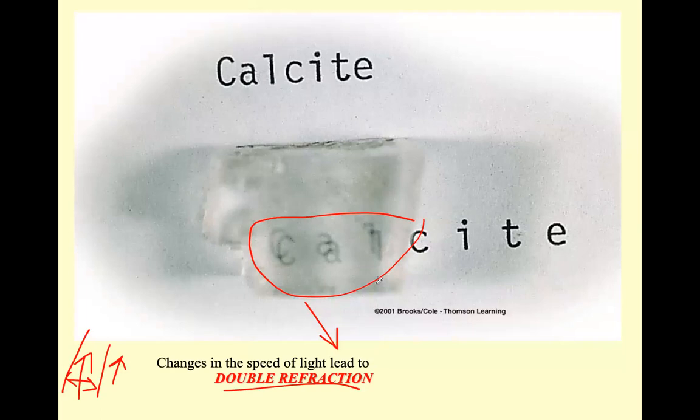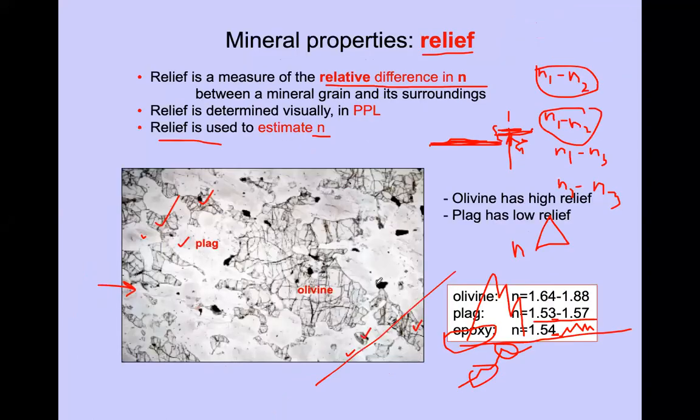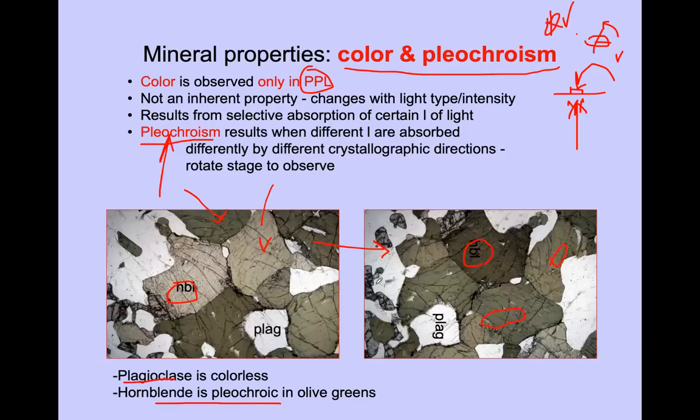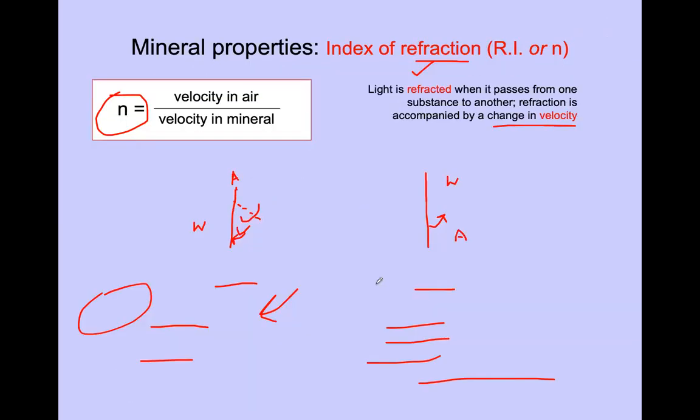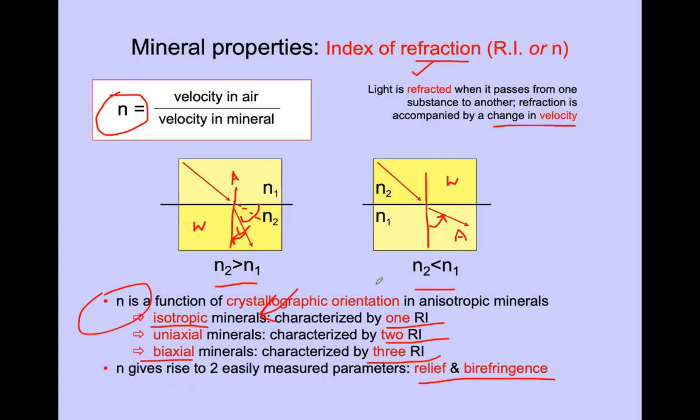This is regarding the main three features that we use based on this light behavior: color, pleochroism, and relief. These three are very important features. Birefringence I will explain in the next class, because it's a detailed explanation and I would need at least another hour.